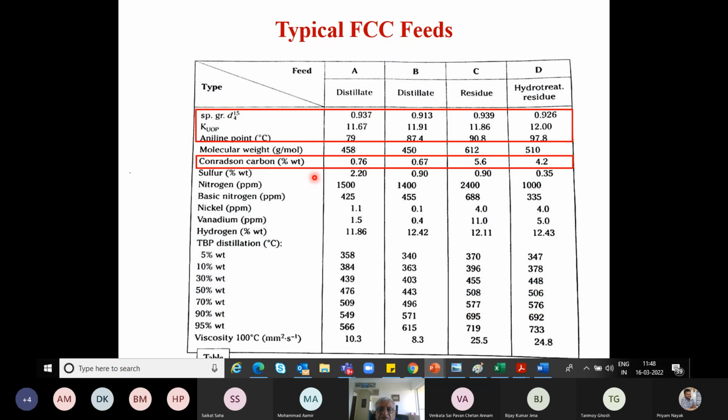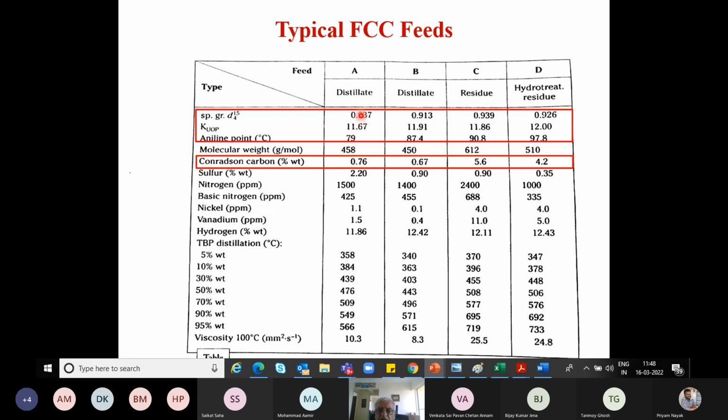This particular slide shows typically four feeds, A, B, C, D. A and B are like vacuum distillates, and C is the residue, while D is the hydrotreated vacuum residue. So you can see that there is a difference in the density. The density is a very important parameter for us in FCC, both density and UOPK.